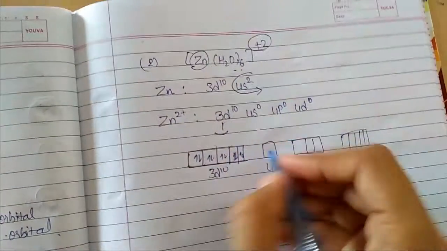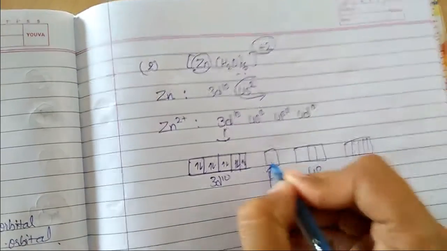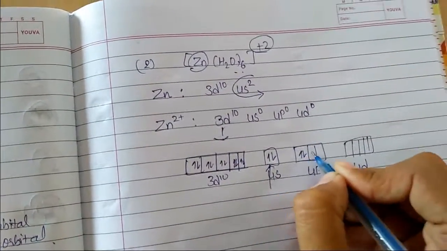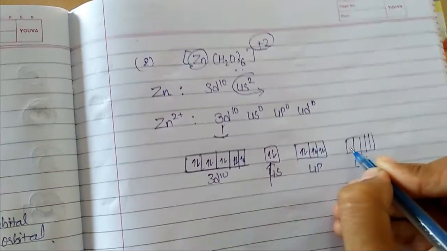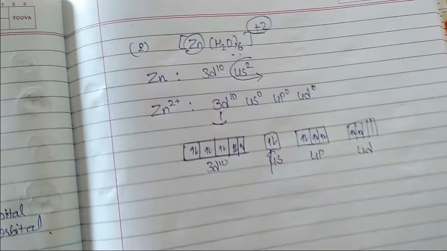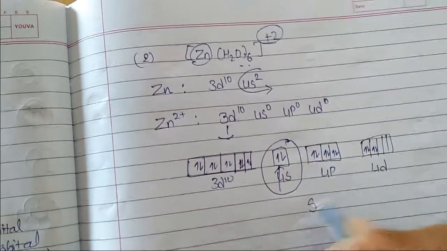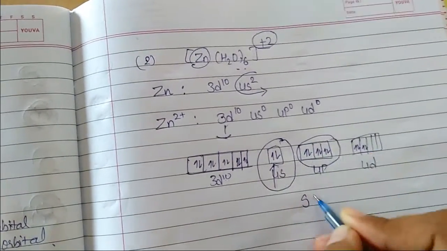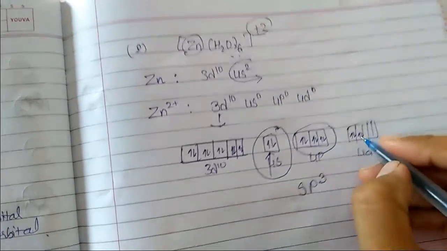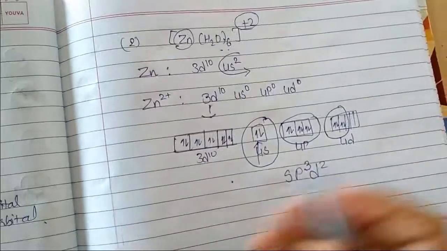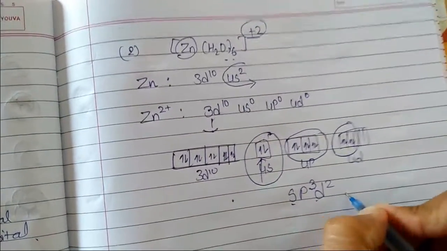So 6 water molecules will take place, ligand 1 water, second, third, fourth, fifth and 6th. So what is generated here? One s orbital, 3 p orbitals, that is sp3, and 2 d orbitals.